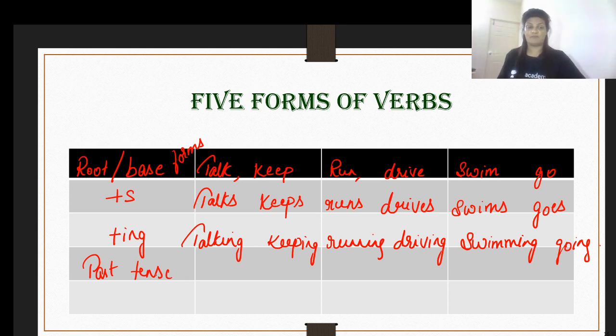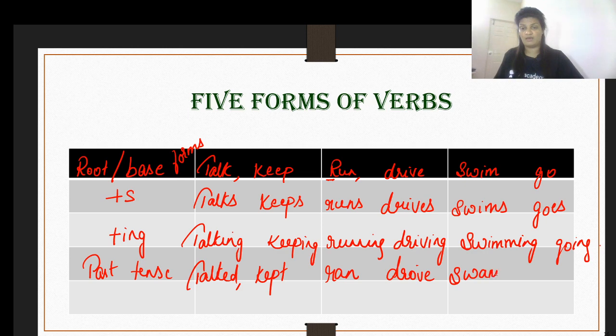Next is the past tense, the one which we will be using in today's video most of the time. The past tense of talk is talked, the past tense of keep is kept, the past tense of run is ran, the past tense of drive is drove, the past tense of swim is swam, and the past tense of go is went.